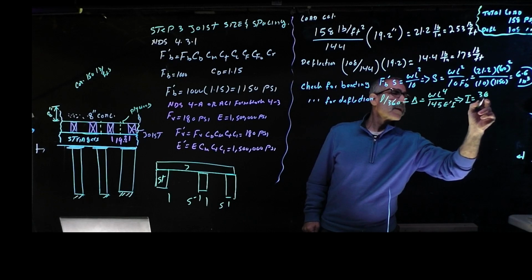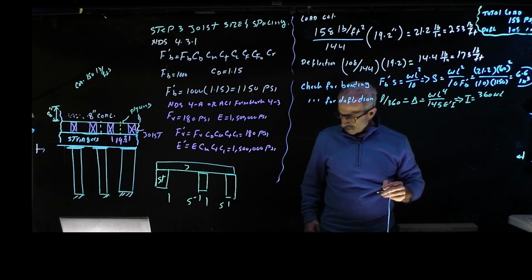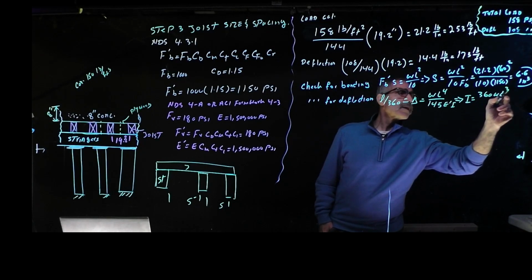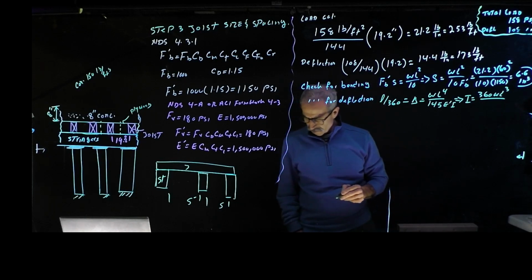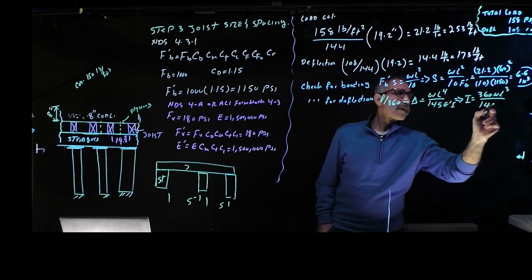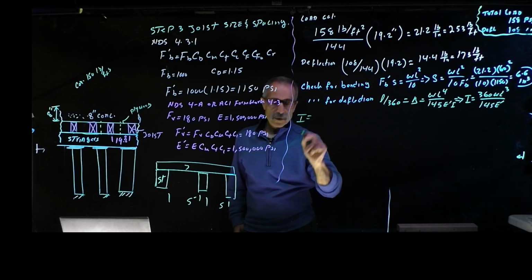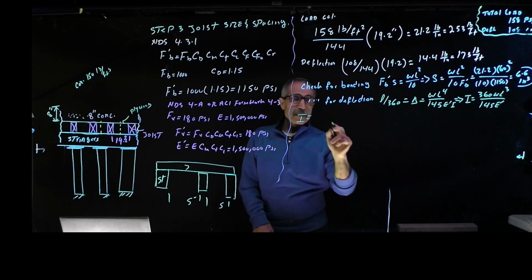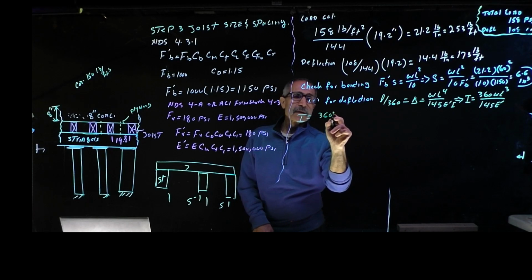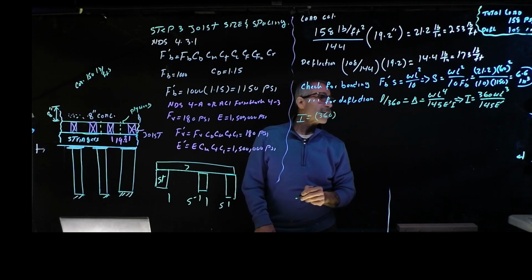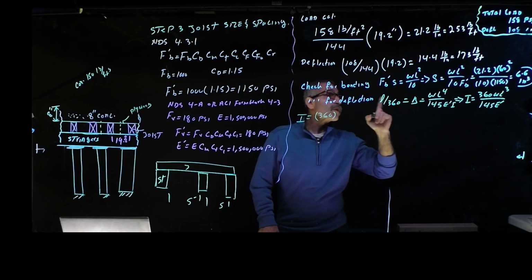360 WL to the power 3, divided by 145 E prime. So my I is going to come out to be 360 times W, which was for deflection.